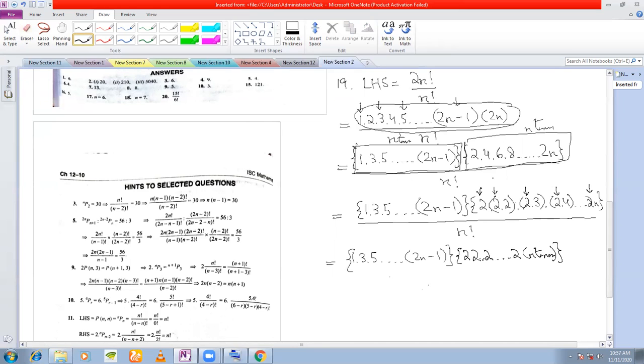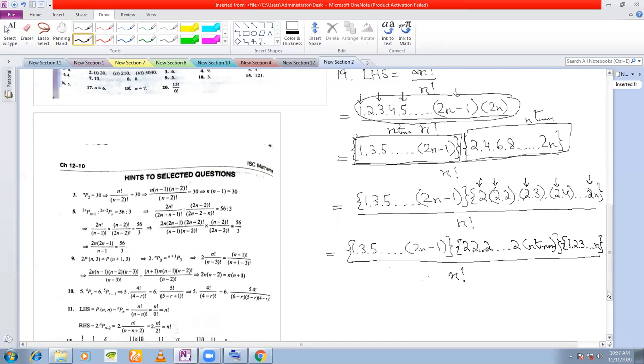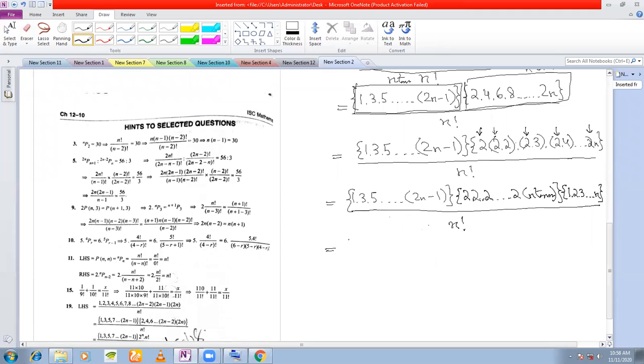From each term, you're taking out one 2. So how many 2's are you taking out? You're taking out n 2's. And what are you left with? 1 into 2 into 3 up till n. This is what you are left with, right? Divided by factorial n, which is 1 into 3 into 5 up till 2n minus 1.